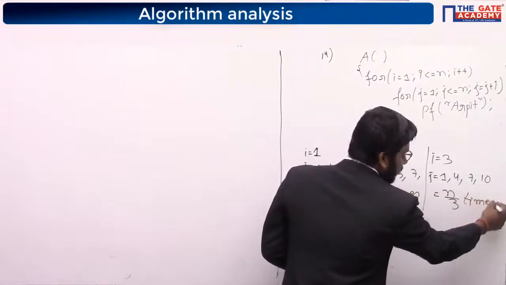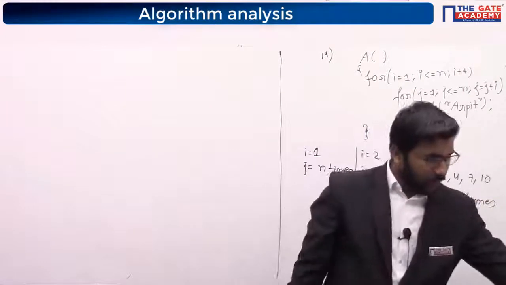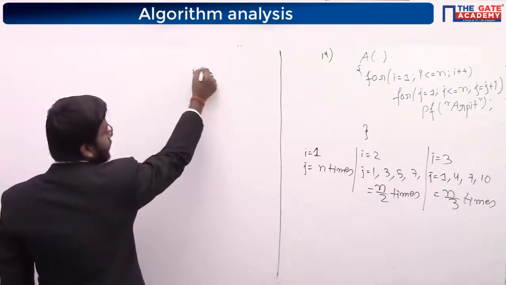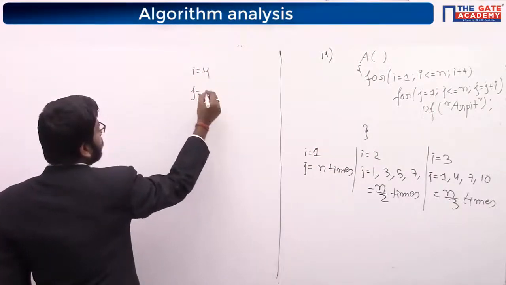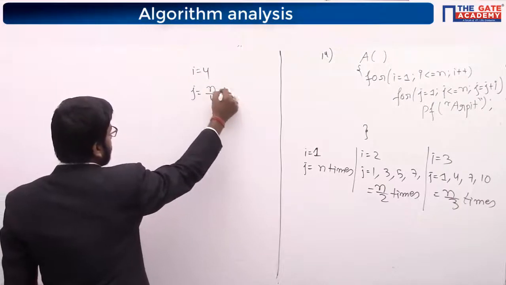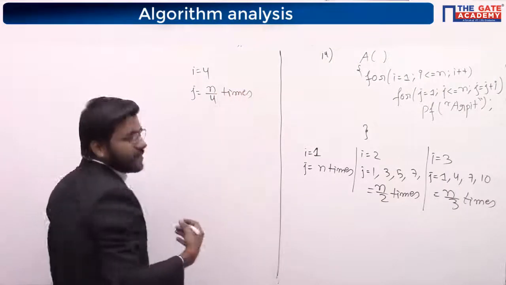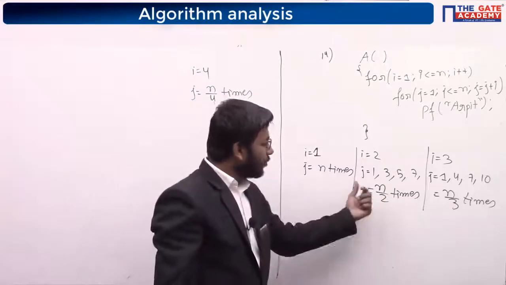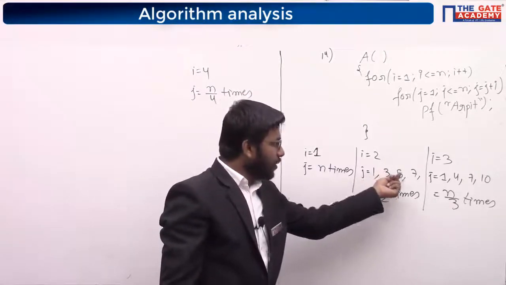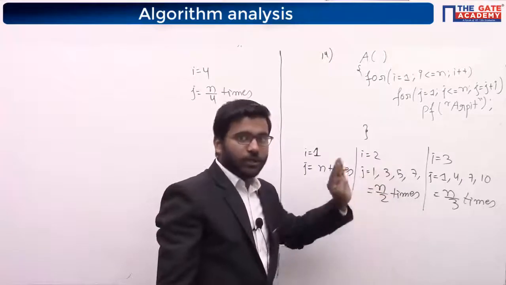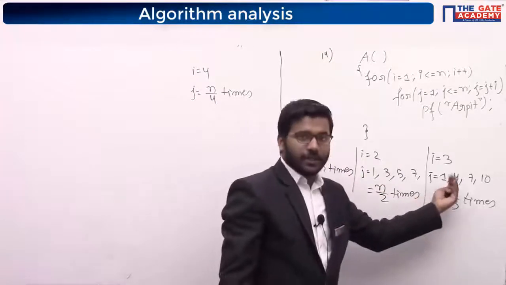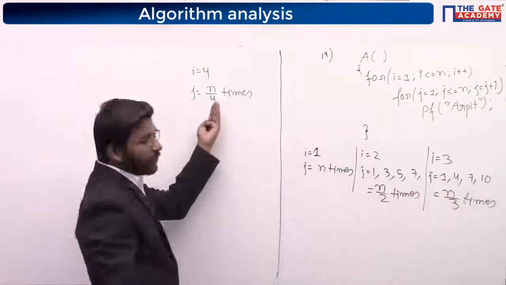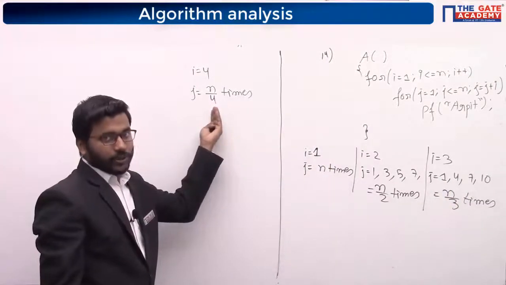Now when i is 4, j is going to run n by 4 times, because it is going to miss some of the numbers. That's why we divide by how many numbers it is going to miss. Here, for i equal to 2, half of the numbers it is going to miss. Here only 1/3 of the numbers it is going to execute, and here only 1/4 of the numbers.